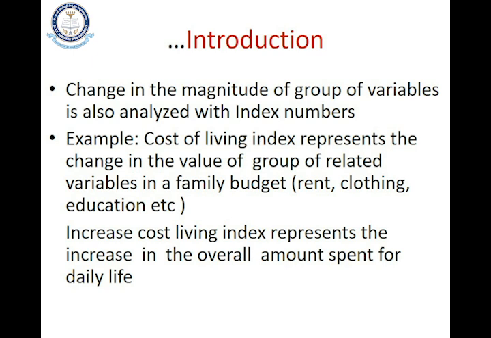So, the cost of living index represents the change in the value of the group of related variables, that is the family budget. An increase in the cost of living index basically tells us how much money is spent by a family over a period of time. It indicates that if the cost of living index is increasing, the family is spending more for the purpose of daily life.